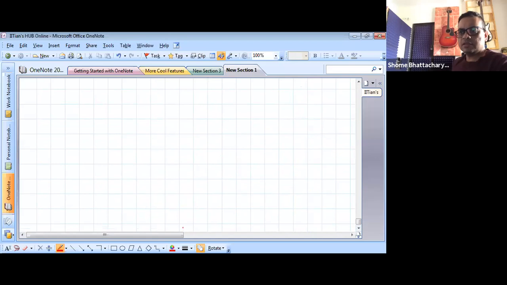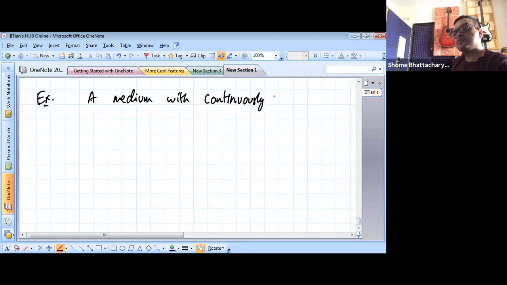Next we look at a situation where we have a medium with continuously varying refractive index.